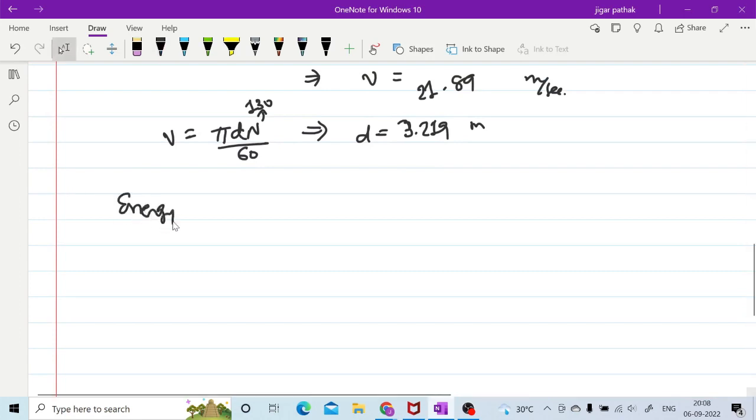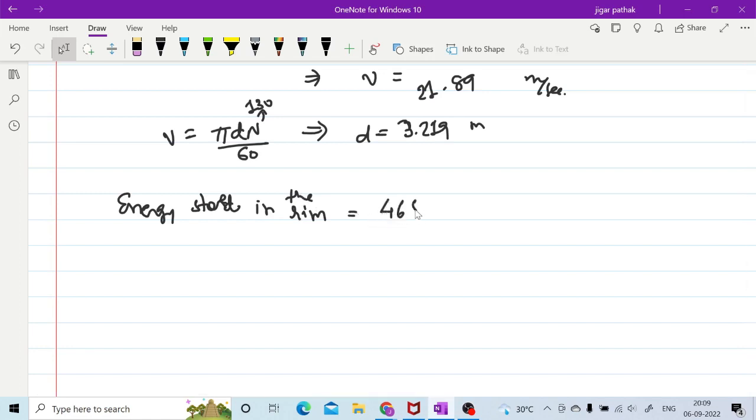So energy stored in the rim is whatever you have got, that 46542 divided by 1.1. So it will give you 42311. So for calculating this rim dimension, you have to consider this E, right?